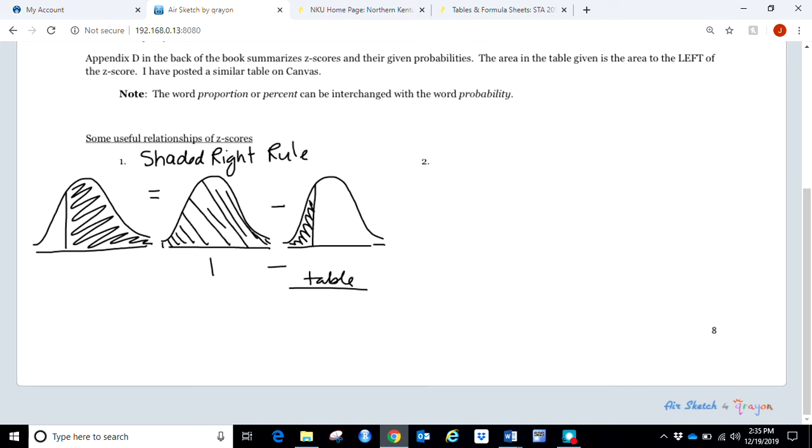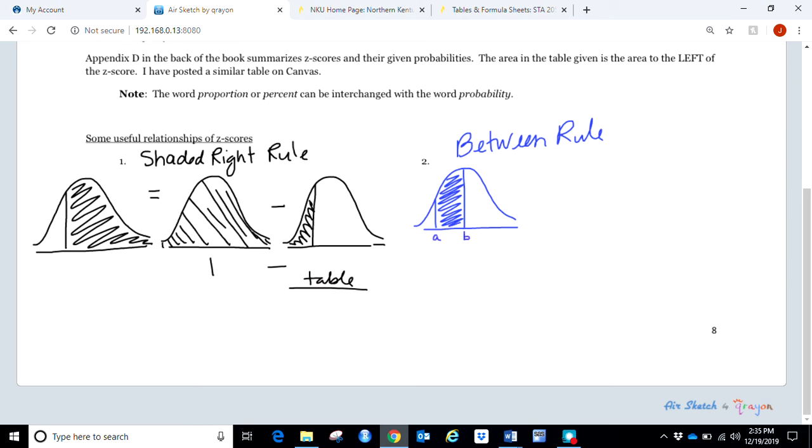This will be our between rule. Anytime you're being asked to find a between probability, we're going to use this rule. It does not matter where your values fall. It's just whenever you're shaded between two numbers.